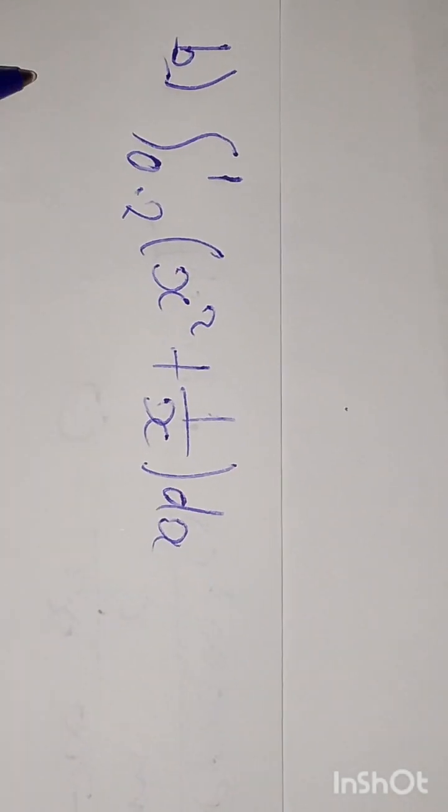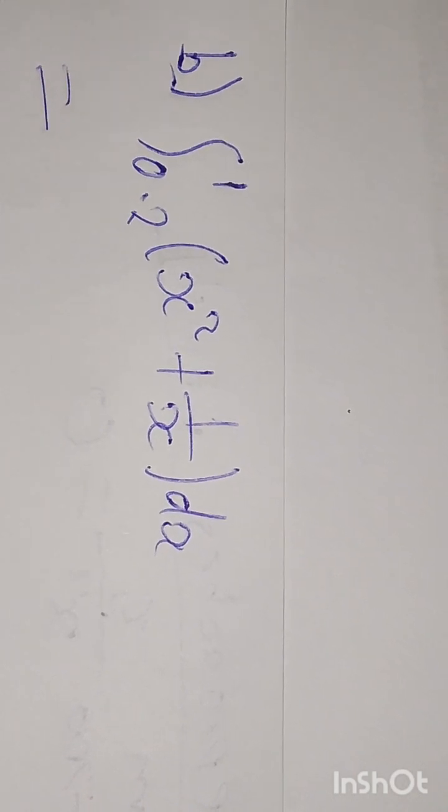Then we now go to our example 2. We're finding the area of the integral from 0.2 to 1 of x squared plus 1 over x dx. So what are we going to do?